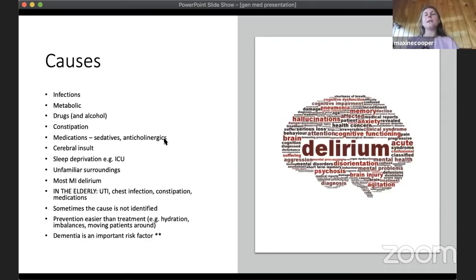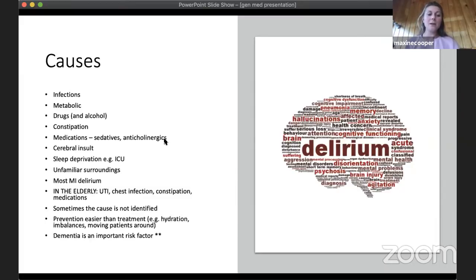And it's often happening to people that are already a little bit susceptible, so maybe they've already got an underlying sickness, they've already got a cognitive problem such as dementia, and therefore they might just get a little infection or an electrolyte abnormality or something on top of that that tips them over the edge into this delirium. Something as simple as constipation in someone with dementia can do this. Obviously, drugs and alcohol can induce this as well, so it might be important to do tox screens.